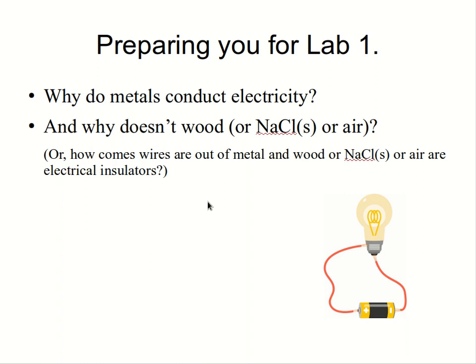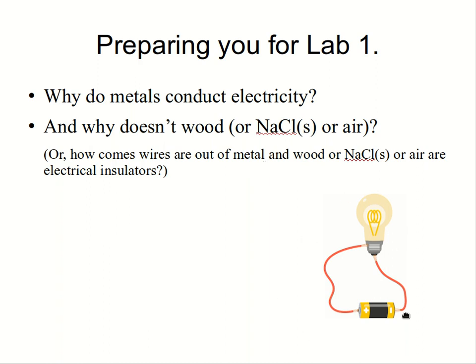Metal conducts electricity, and anything that is plastic or wood, or for that matter sodium chloride, simply any air, they don't conduct electricity, right? If they would, electricity would flow anywhere, but it doesn't. It flows only through metals. And the question is, why does it do that?